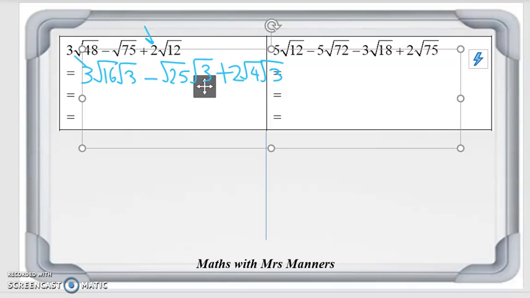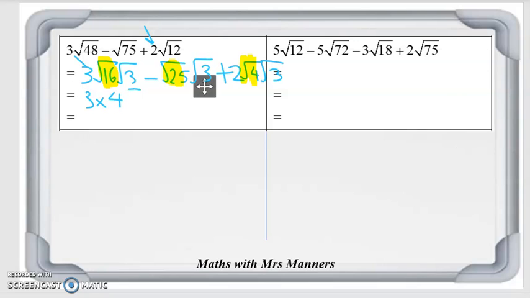Then I'm going to reduce this surd, and I'm going to reduce that surd. So we're going to have 3 times 4 root 3, and 5 times root 3, and 2 times that root 4 becomes 2 times root 3.